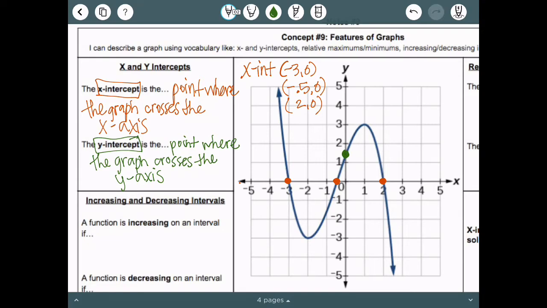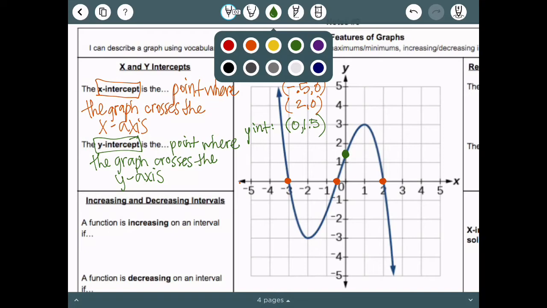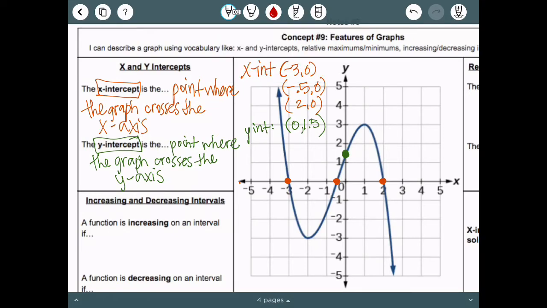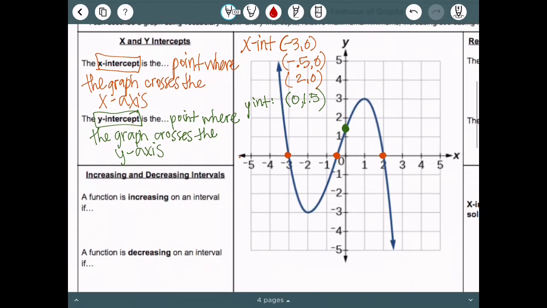So my y-intercept is where it crosses the y-axis. It's going to be at 0 because I'm not moving anywhere left and right, but then like 1.5. So fairly simple. We're just thinking about where our x and y axis is, and then seeing where it crosses the line.